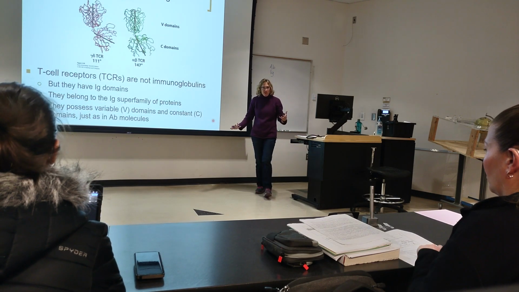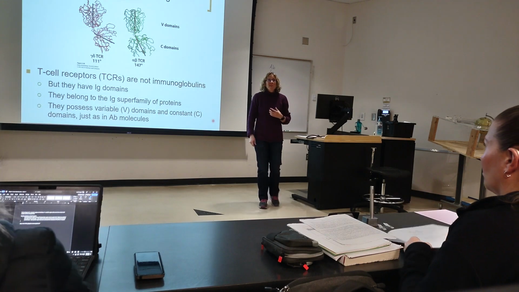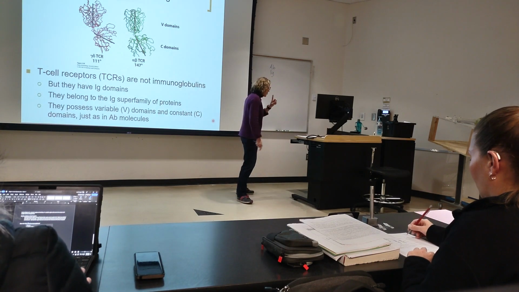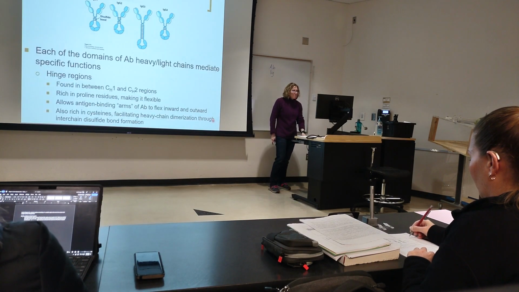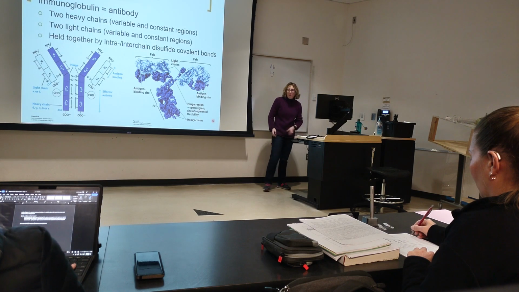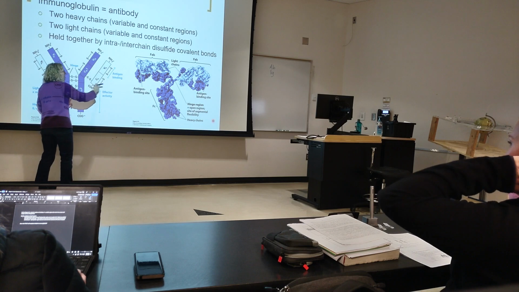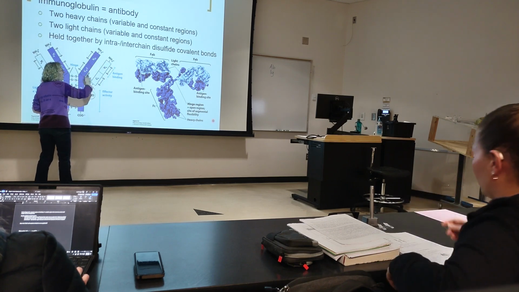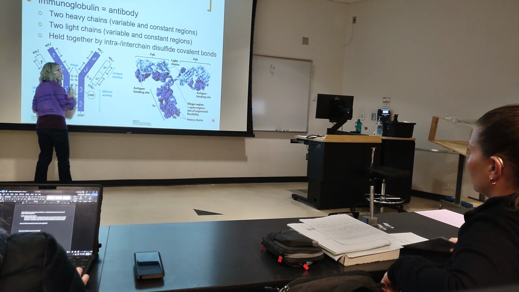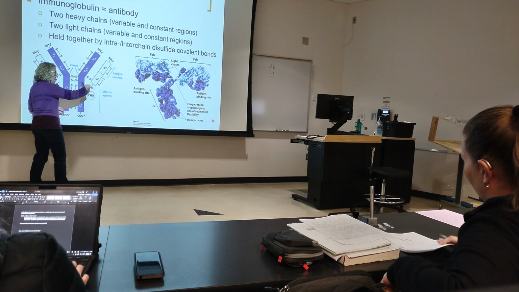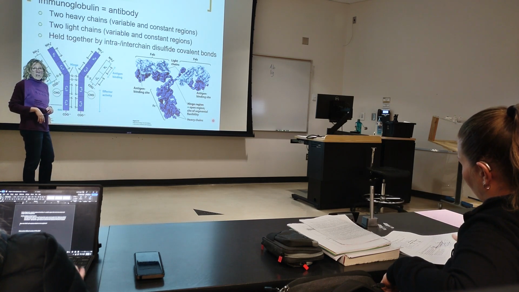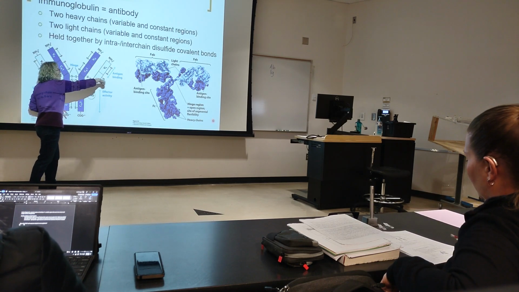T-cell receptors look more or less the same. But we're going to rewind for a second. The TCR is just this. It still has constant regions and variable regions. It still has a constant region that's anchored into the membrane, but it's just this portion.